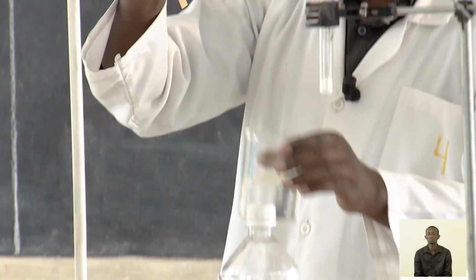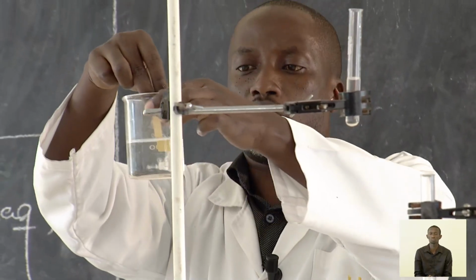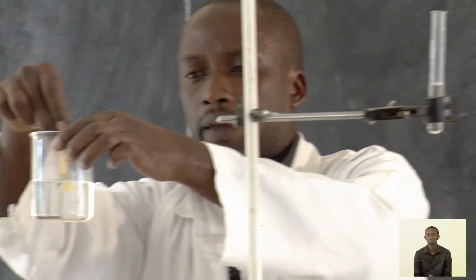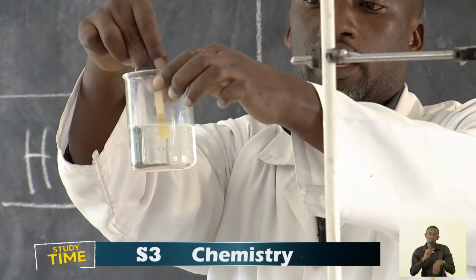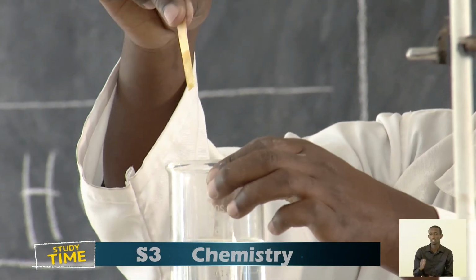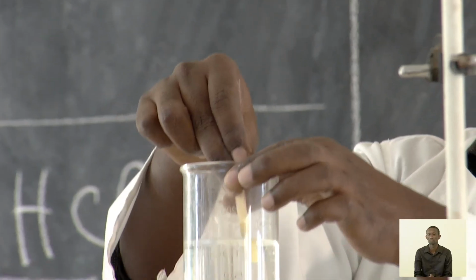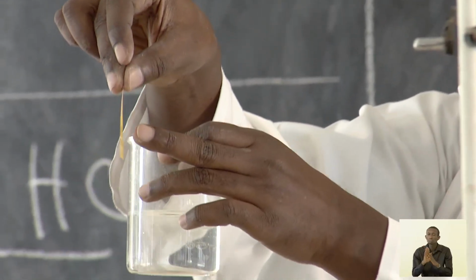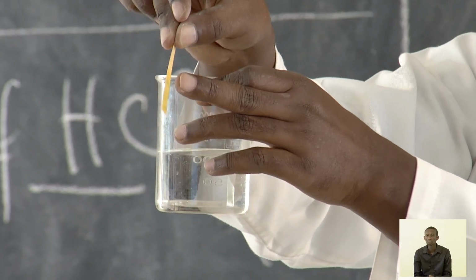I just insert this indicator paper in the solution for some time. When you look at the indicator, you see some green color coming. If you look at it, there is some green color that is coming. Look at the indicator.